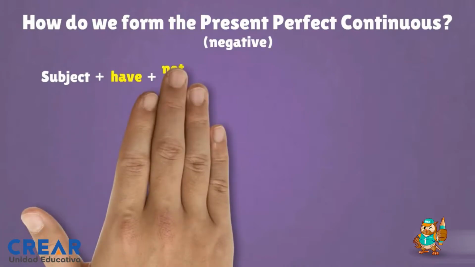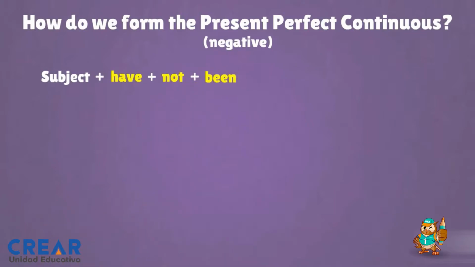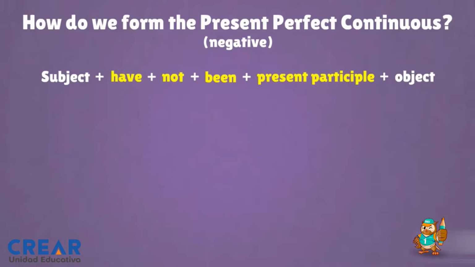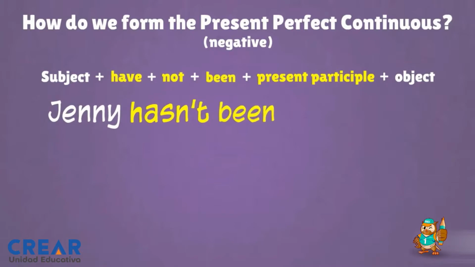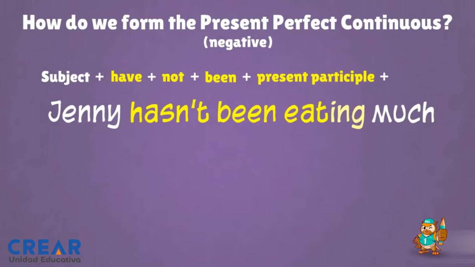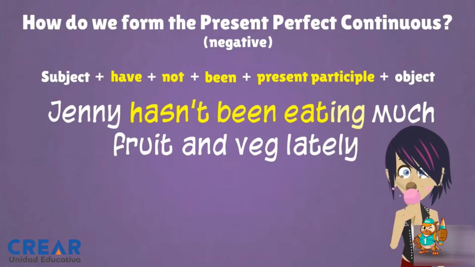We have to use the subject plus have plus not plus been plus the present participle and the object. Now let's see the example here. Jenny hasn't, remember it's the third person, Jenny hasn't been eating much fruit and vegetable lately.